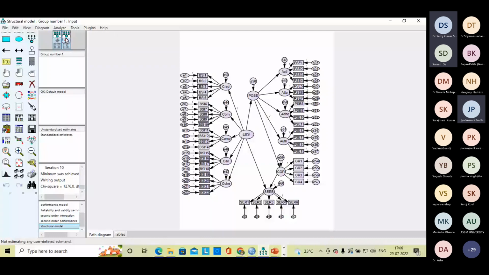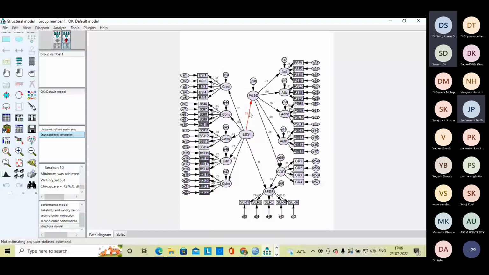Now look here. It is unstandardized. Let us click on standardized estimates. Now look at my red highlighted arrow mark. Effectiveness of buyer-seller interaction is having an impact on sales performance of 0.23.